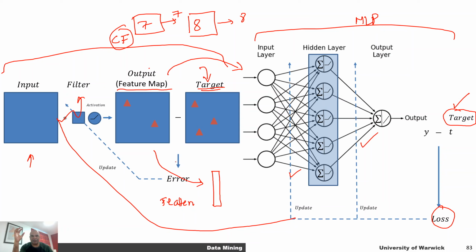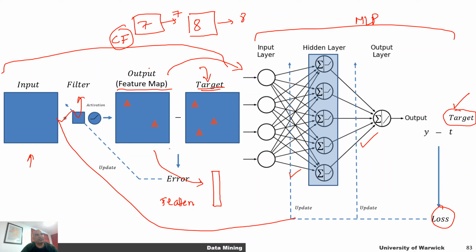If we combine these two networks, you feed an input image, it goes through the convolution filters first, produces an output, which is then flattened, and then we feed the flattened output to the input layer, right? That produces an output where we can compare it with a known target and compute a loss, which is then fed back to learn both the weights of this MLP as well as the filters in the convolution filter part. So that's how this can be resolved, but there is still a problem.